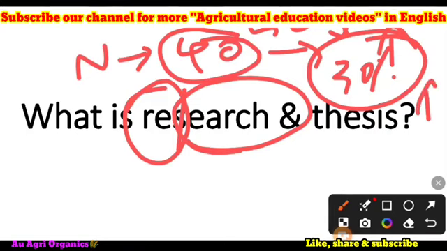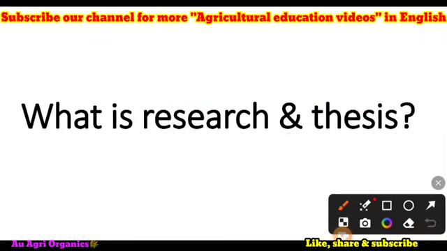This is known as research. Similarly it applies to all subjects, including social science subjects, whether pathology, entomology, extension, economics or biotechnology. This is the basic concept of research. If someone has already given some conclusion, we can reconstruct that conclusion based on our research.